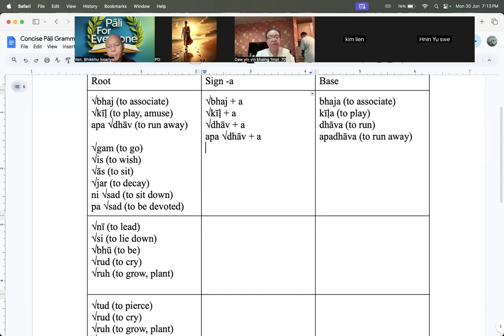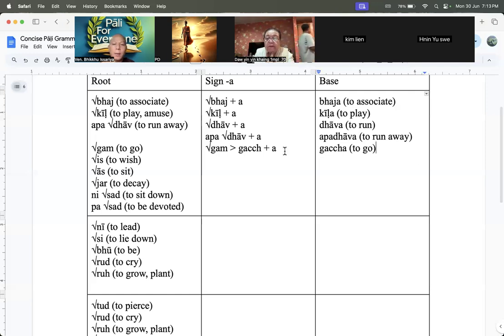root gam. But this gam is special, changing to gach. Actually, only this m changes to ccha. That also can be understood. So after adding a, gaccha means to go.